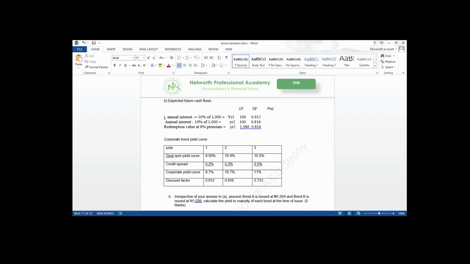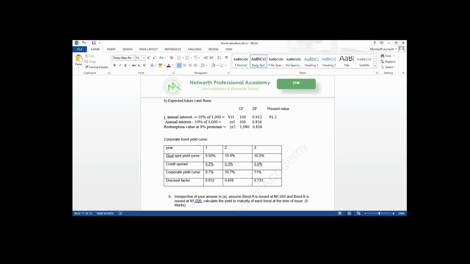I believe you can do it. Present value. Let's get present value for year 1. What do you have? 91.2.